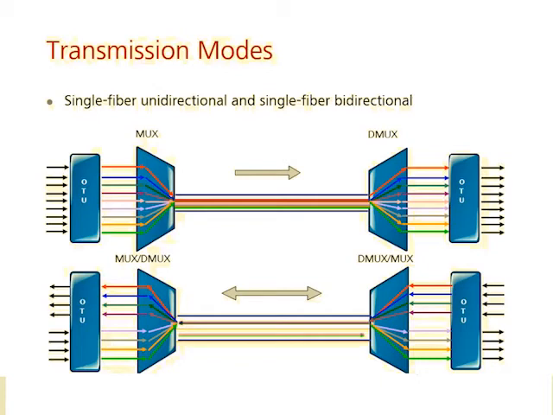It's not as widely used as single fiber unidirectional because single fiber bidirectional has too many requirements for your hardware. For example, your multiplexing and demultiplexing boards should be one unit which combines multiplexing and demultiplexing together. And you need half the wavelengths for sending, half the wavelengths for receiving. Your capacity will be only half. And in the middle of this system, the amplifier station must amplify the signals for both directions.